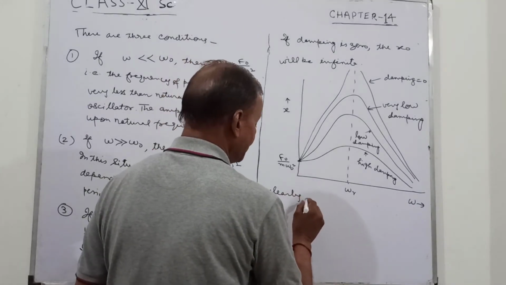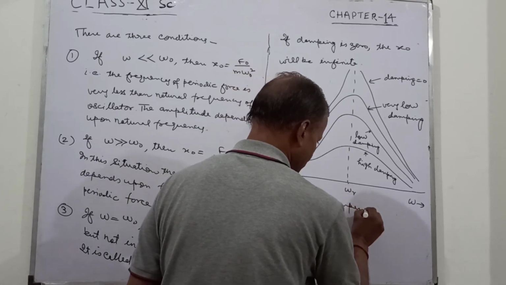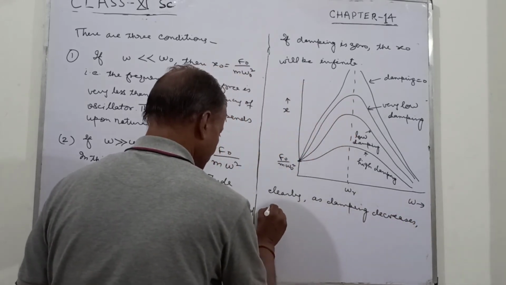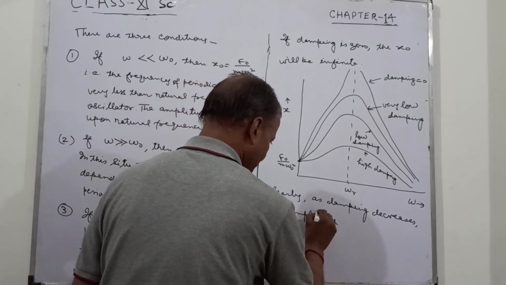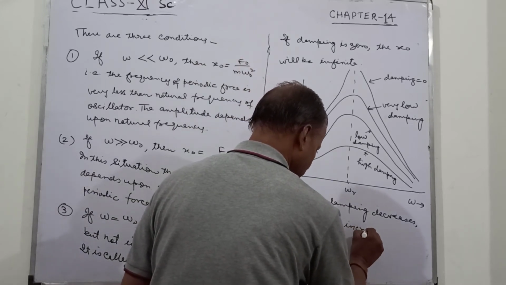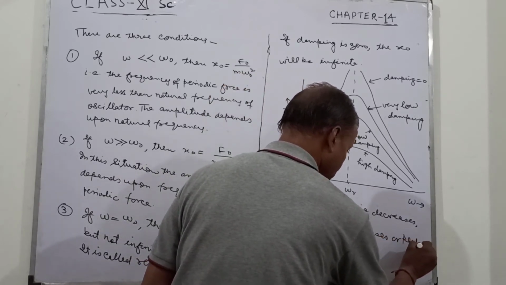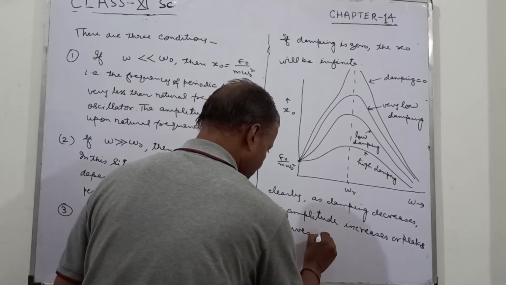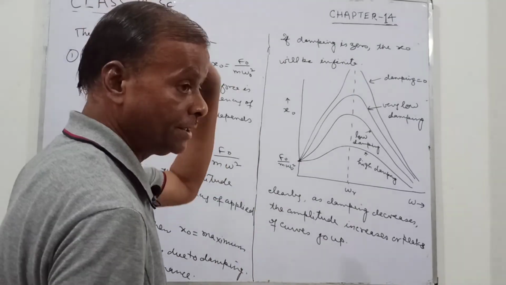Clearly, as damping decreases, the amplitude increases, or the peaks of the curves go up, and for damping 0, the peak is at infinity.